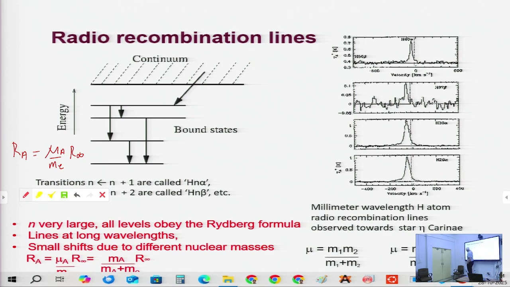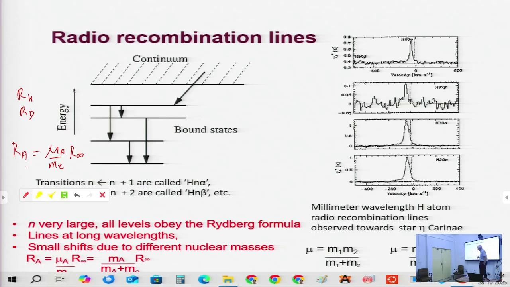Quite common is R_H, the Rydberg constant for hydrogen, which is also normally given in the books. I don't know whether Bobby gave that value yesterday. You also get R_D for deuterium. These are the standard ones, but in principle you get R for any atom you care to name.